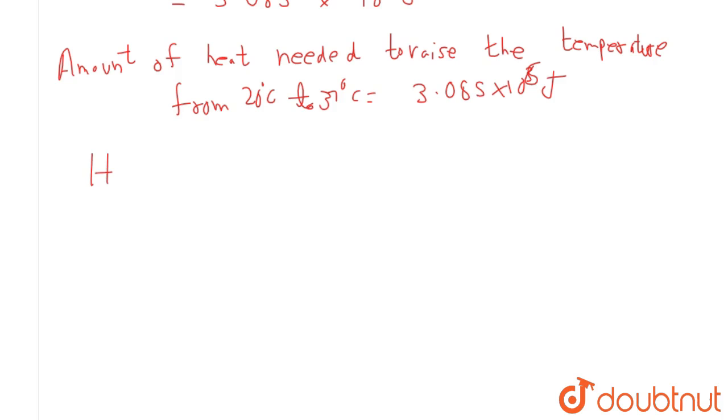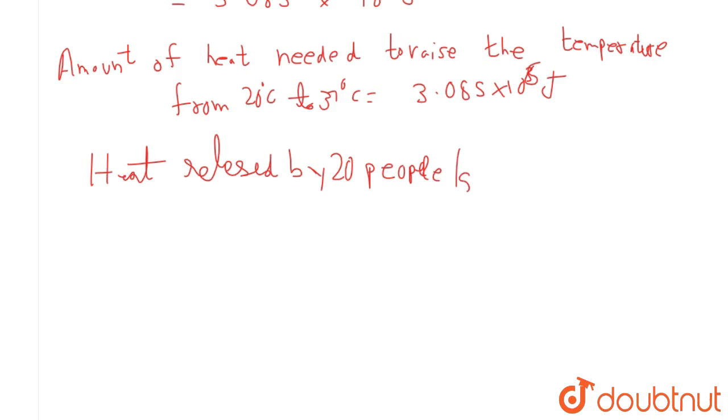So heat released by 20 people per second is 150 into 20 joule per second, that is 3000 joule per second.